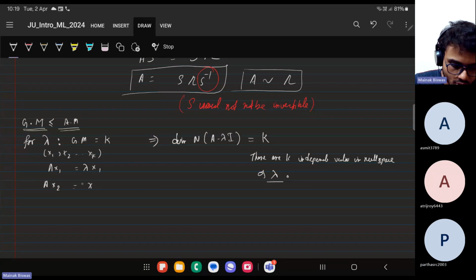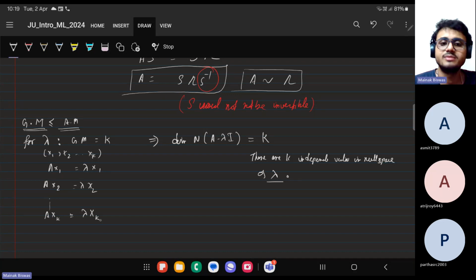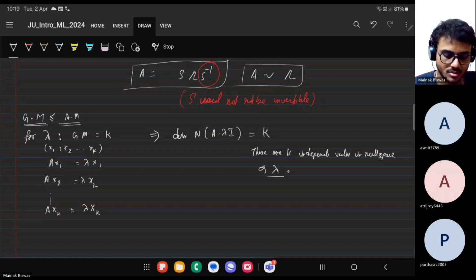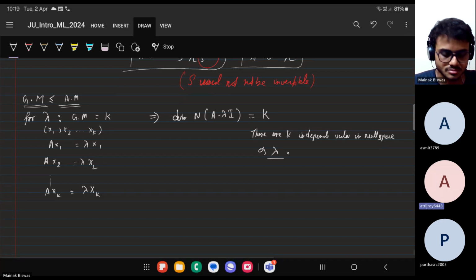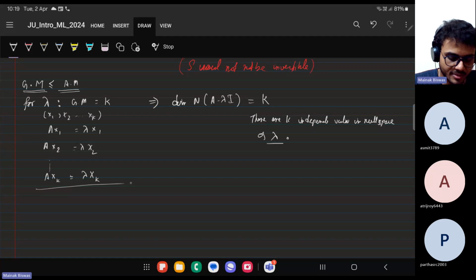And I write it k times, Axk equals lambda xk. I can write this. Yes or no? Yes, yes.